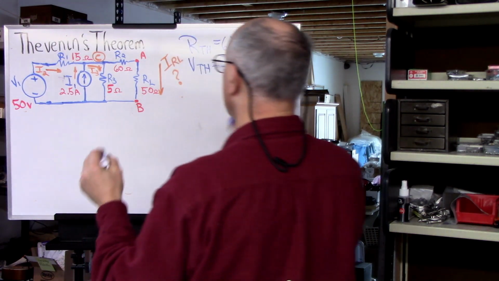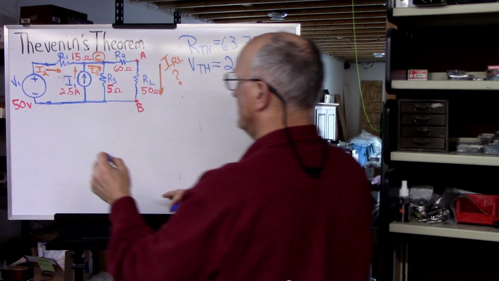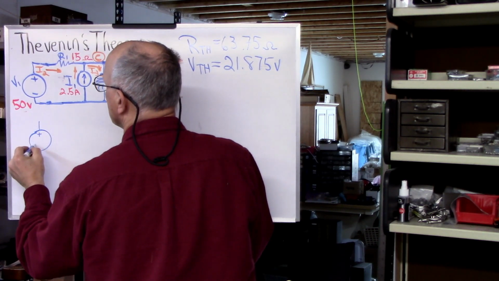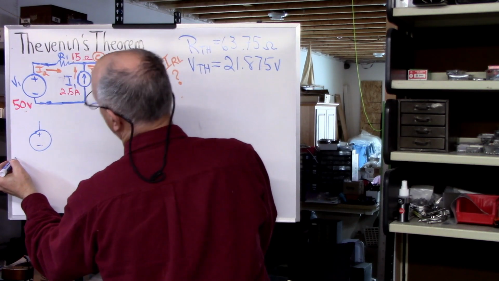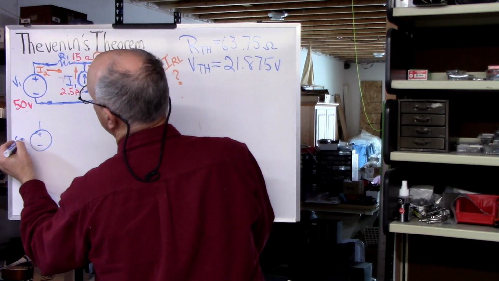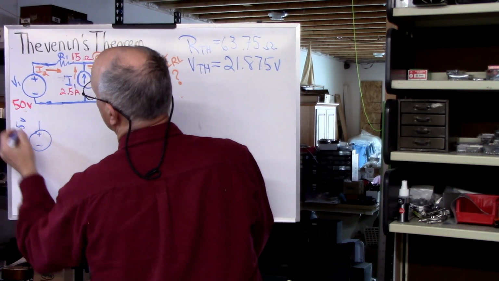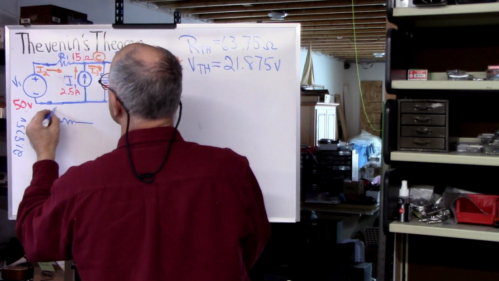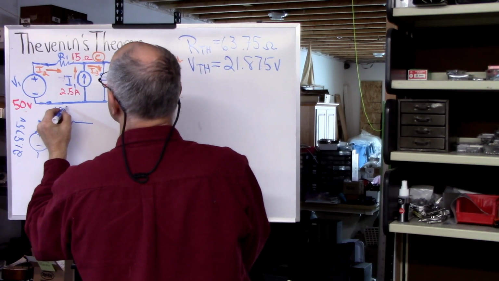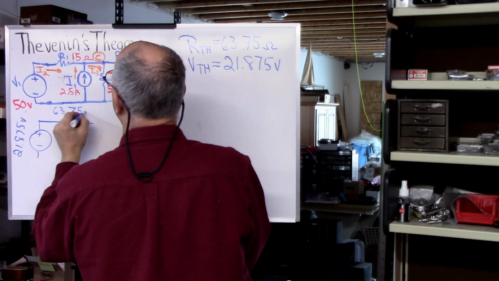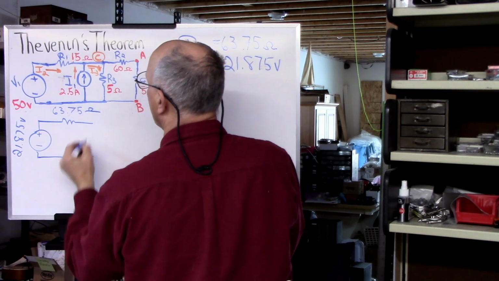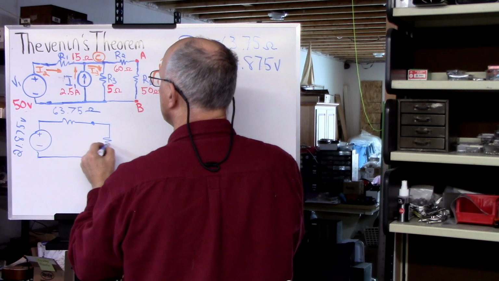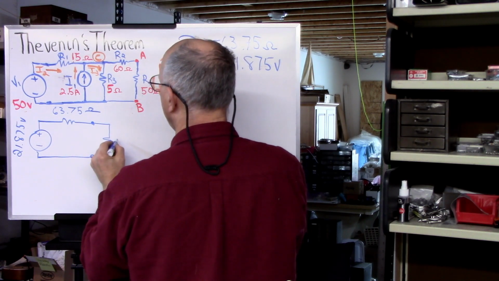And what we essentially have at this point is a voltage source of 21.875 volts with a series resistor of 63.75 ohms. Here's our point A, point B, and our load resistor here of 50 ohms.